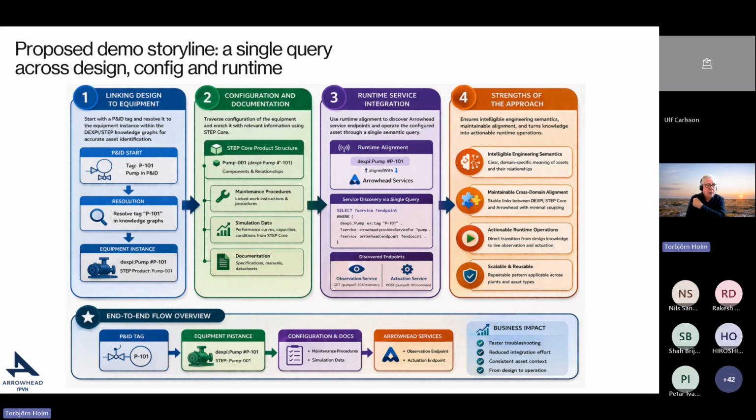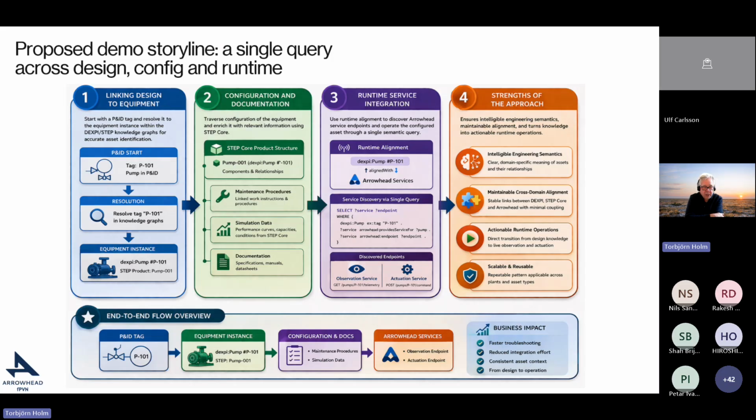So the main demo that we will do is this end-to-end flow overview. We are going to do P&ID and tags with the equipment instances, configuration and docs, and Arrowhead services, generating problems, signals outside the threshold, and so on, evaluating what can be wrong, create a work order.